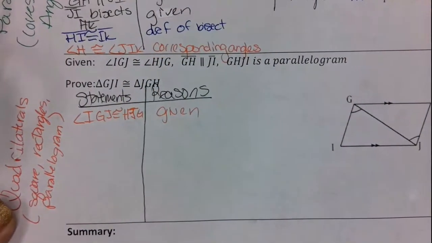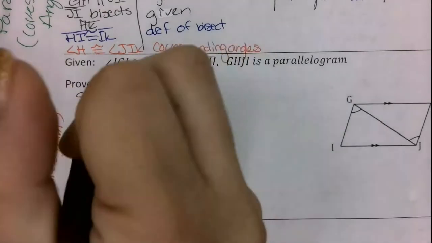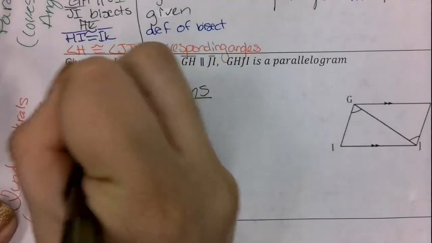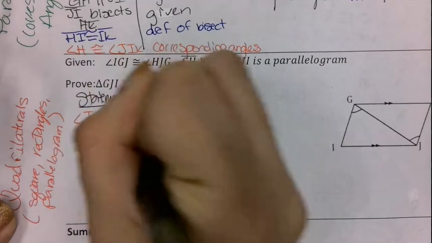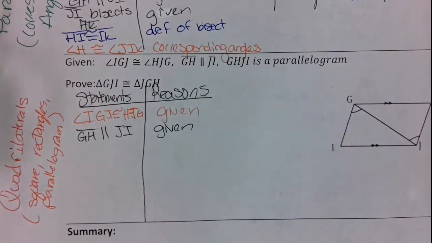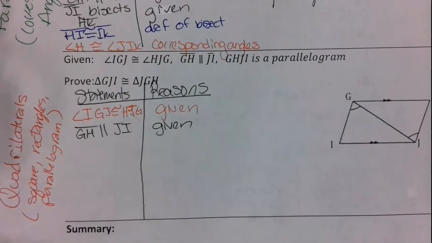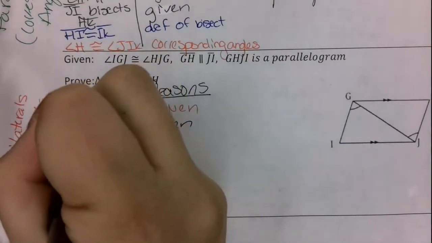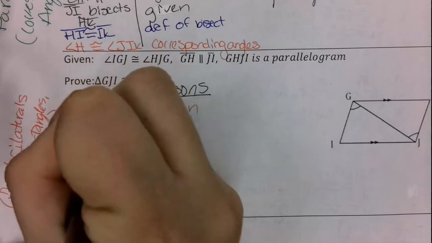Then it tells me GH is parallel to JI. Red. And then it also tells me GHJI is a parallelogram.